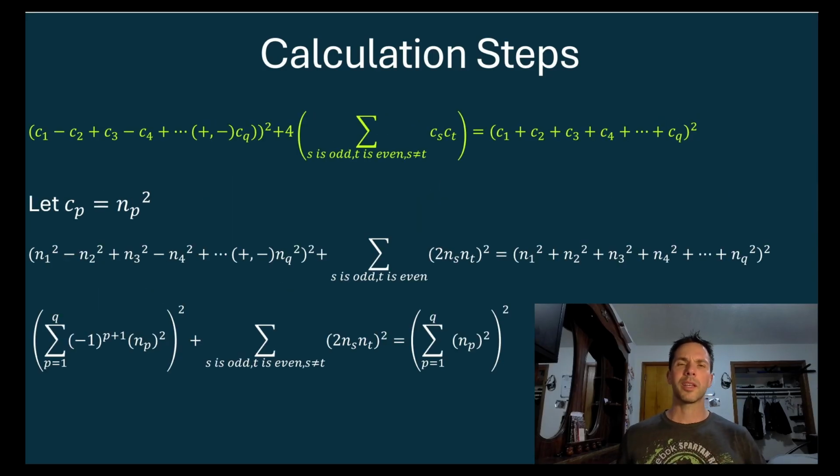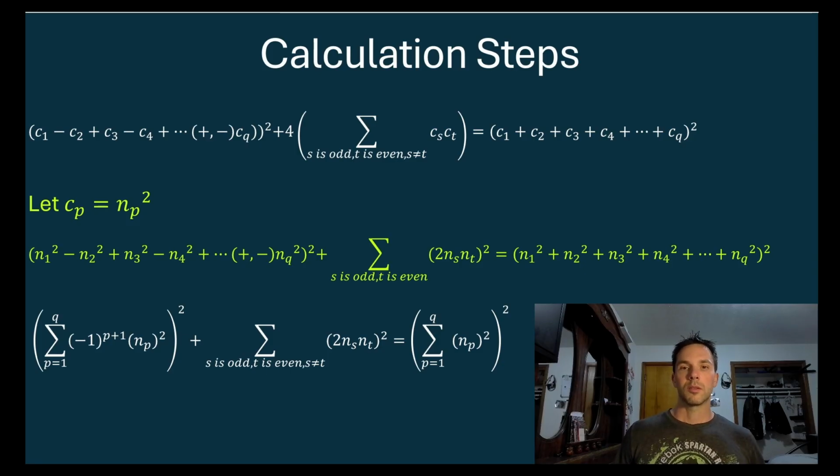So I go ahead and take k, substitute it back in, and now I'm performing the same exact steps I did before when I was doing the Pythagorean theorem. I'm going to let c sub p equal some number n sub p squared. And now I have a bunch of terms that are squared under a square, just like when I only did this with x and y, and we got n squared and m squared.